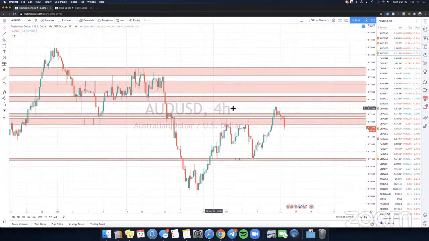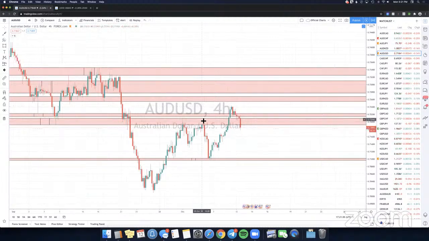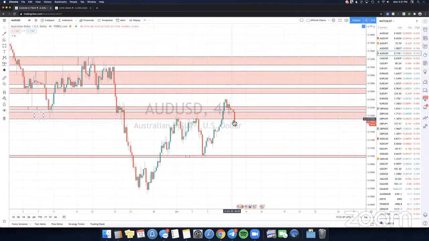So right here for AU, I'm not sure if I gave you guys the parameters, but I'll give it to you again. This upper zone right here is going to be 0.7192. I'm going to round that up. And this lower zone right here is going to be 0.7102.